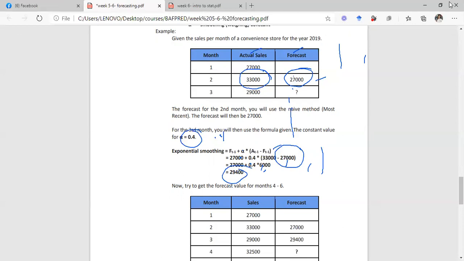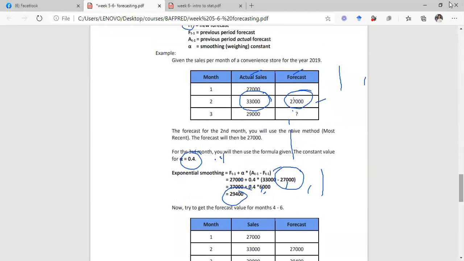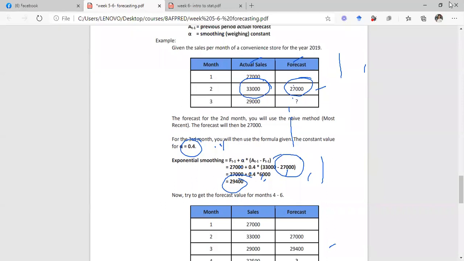So that is our example for the exponential smoothing. It became 29,400.